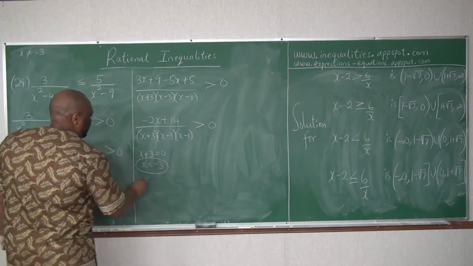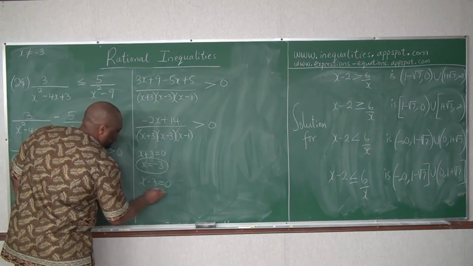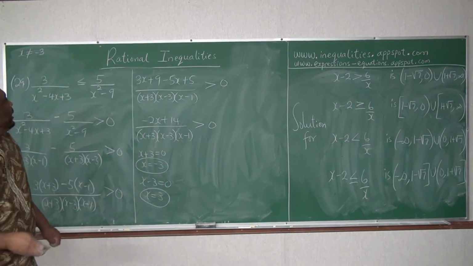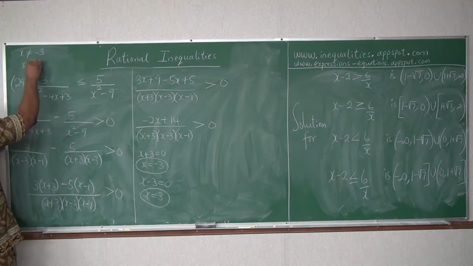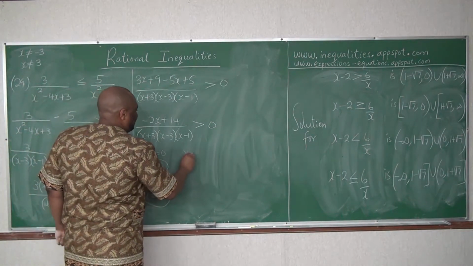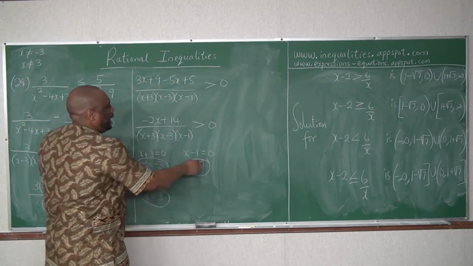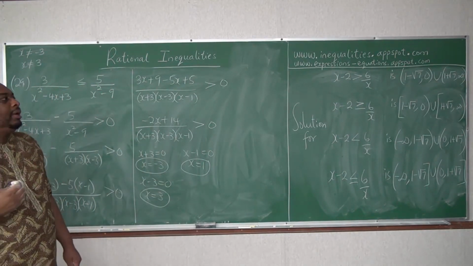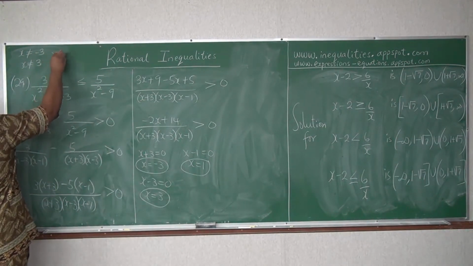Next one. x minus 3 is 0, so x is 3. x is equal to 3 is another test point. However, it will not be included in the domain. Next one, x minus 1 is 0, so x is 1. x is equal to 1 is another test point. However, it will not be included in the domain.